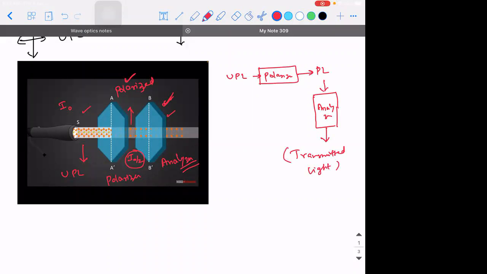So the law of Malus speaks about the intensity of the transmitted light. If I naught is the intensity of the unpolarized light, then I naught by 2 will be the intensity of the polarized light.